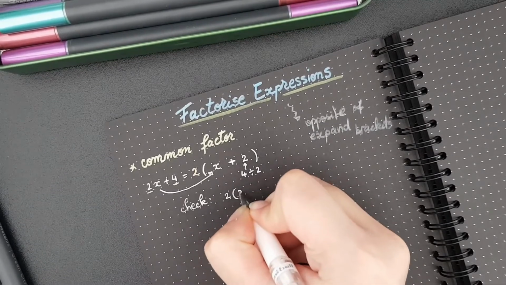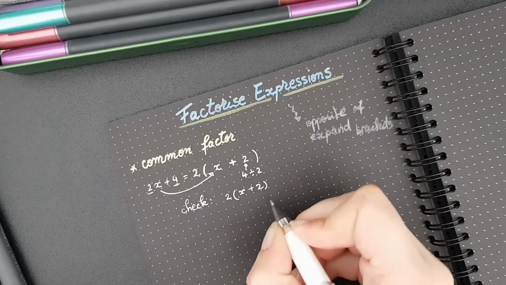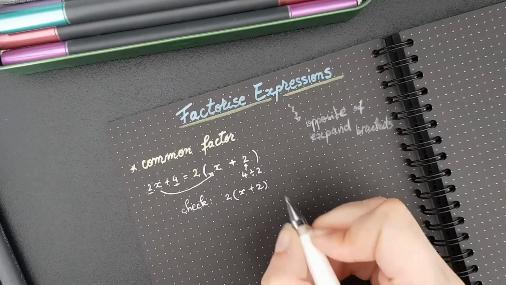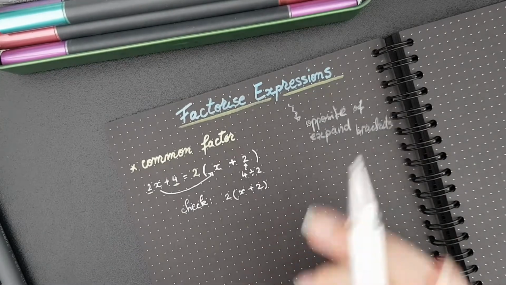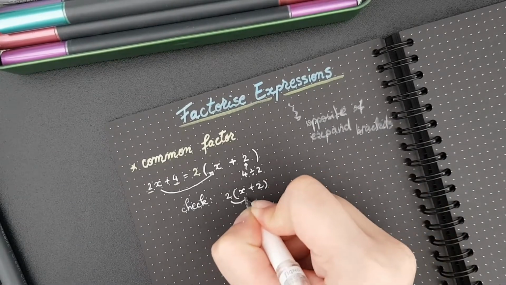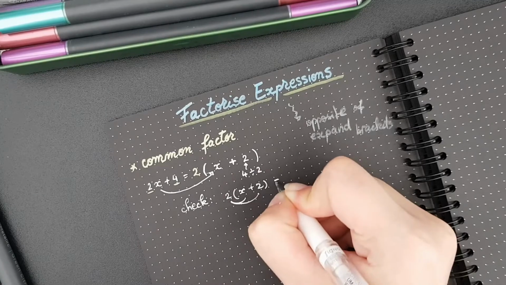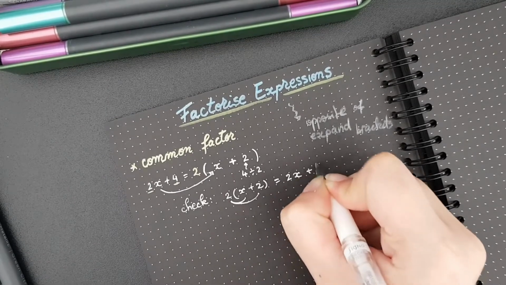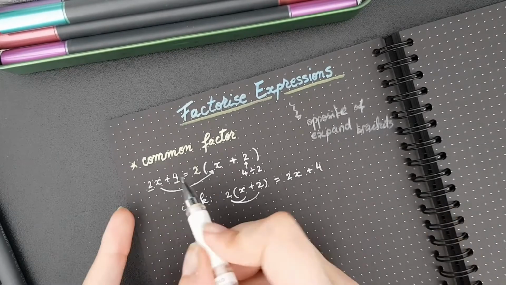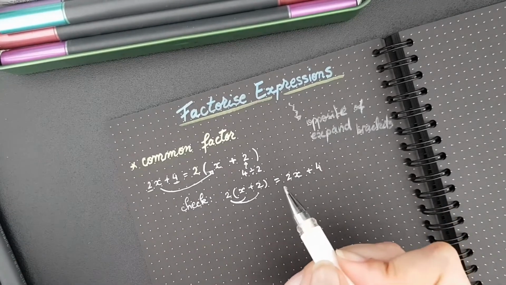So we've got 2 bracket x plus 2. As you remember from multiplying or expanding brackets that I did a couple of weeks ago, I will put it in the corner up there just as a reminder. We do 2 times x and 2 times 2. So 2 times x, that's 2x. 2 times 2, that is 4. So we got what we started with, which is exactly what we want.